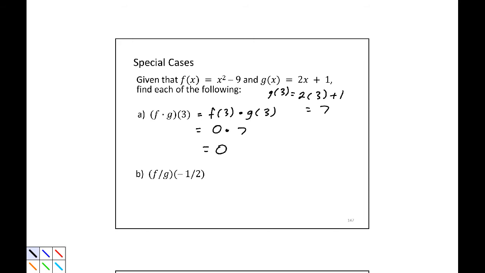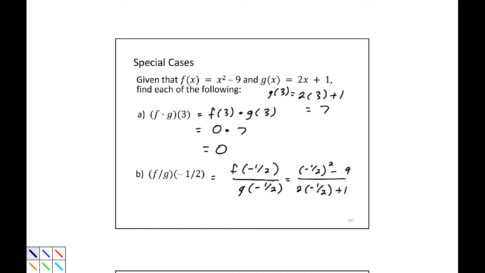Now, part B says f divided by g of negative 1/2. Well, this would be f of negative 1/2 divided by g of negative 1/2. F of negative 1/2 would be negative 1/2 squared, minus 9, divided by 2 times negative 1/2 plus 1.